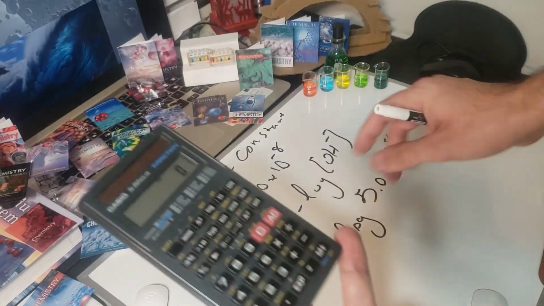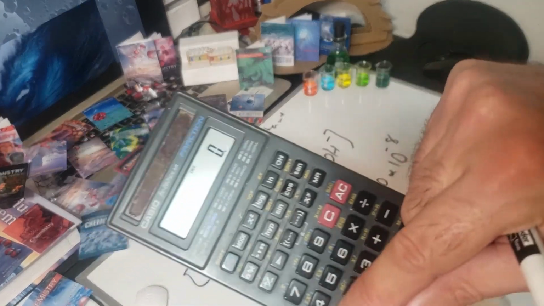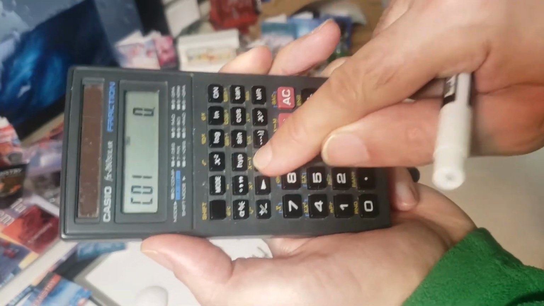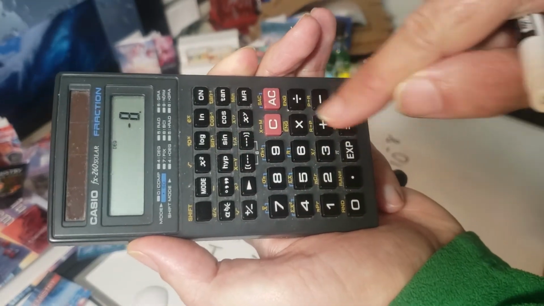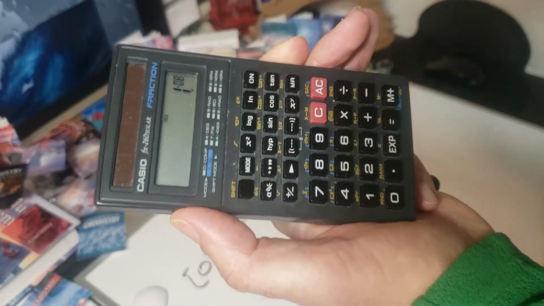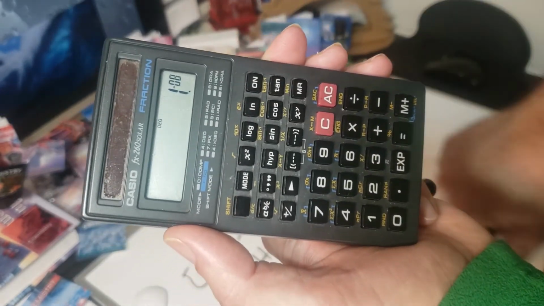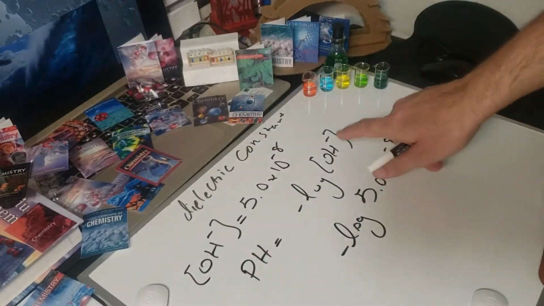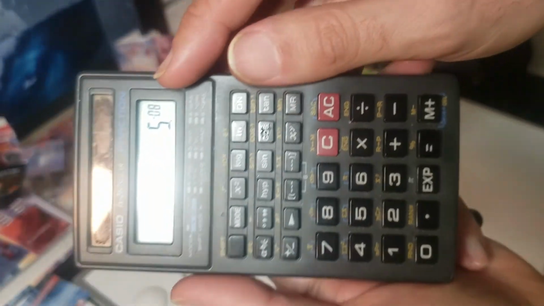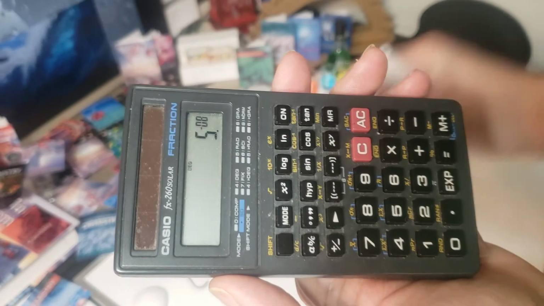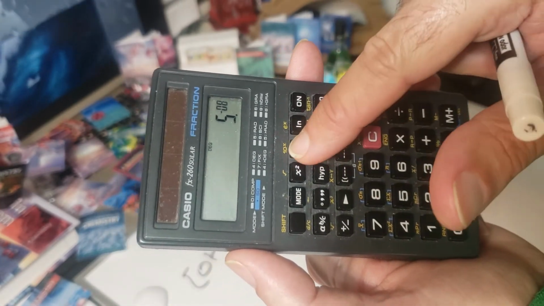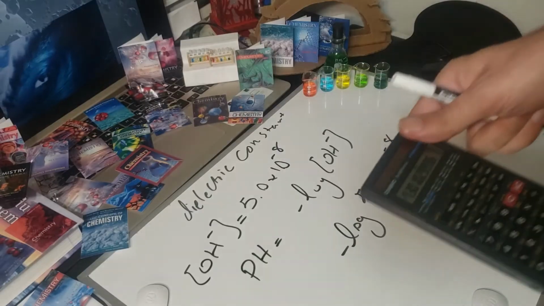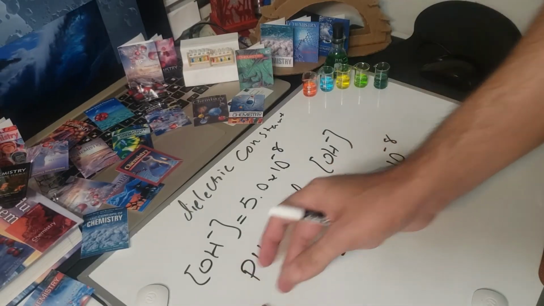So for this, I do 10 to the power minus 8, and then close the parentheses. Also in my calculator, because it's very basic, you have to close the parentheses, times 5, and it gives you this number. So that's the number, 5 times 10 to the minus 8, and then I just do the log of it and change the sign. So that's minus 7.3, okay?